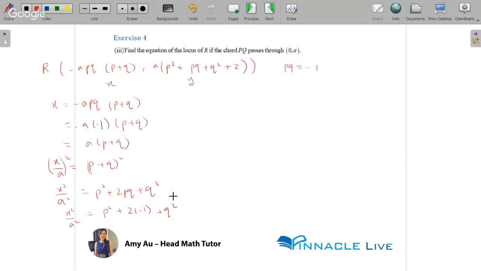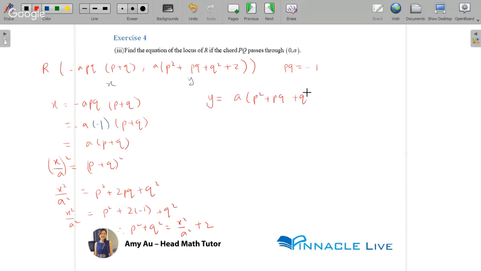So that means P square plus Q square is equal to X square on A square plus 2. All right, so then let's work on the Y coordinate. So Y coordinate, P square plus PQ plus Q square plus 2.